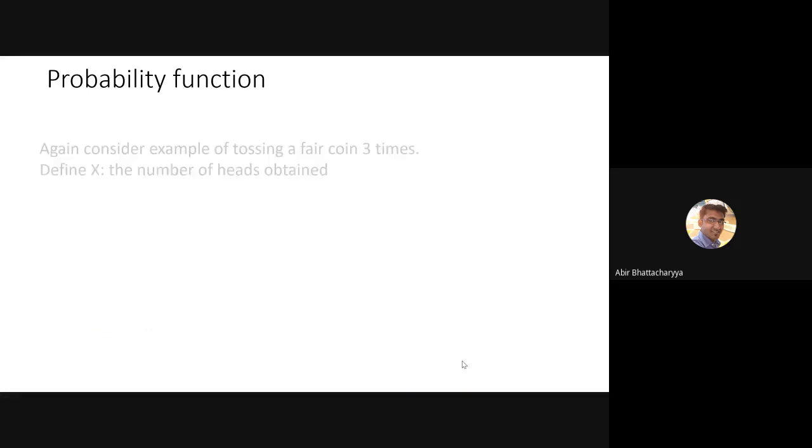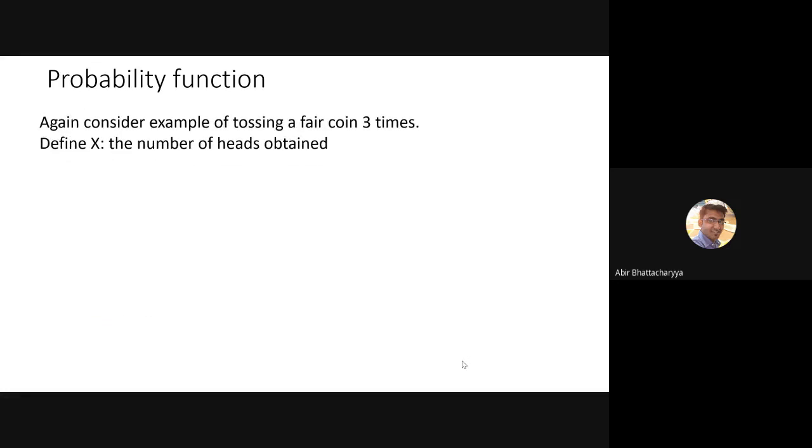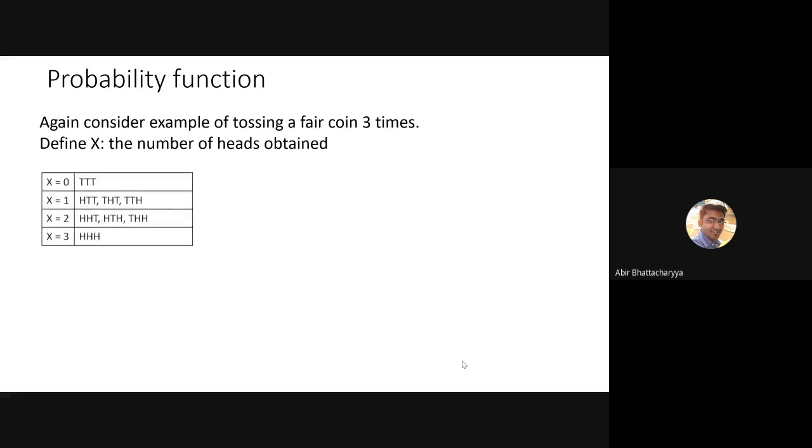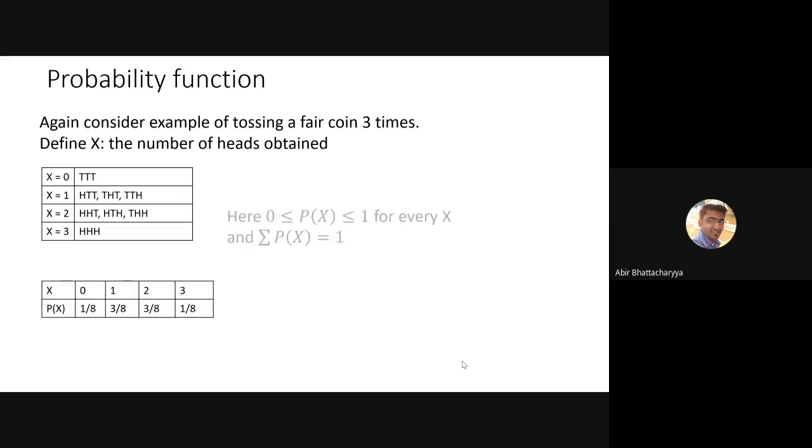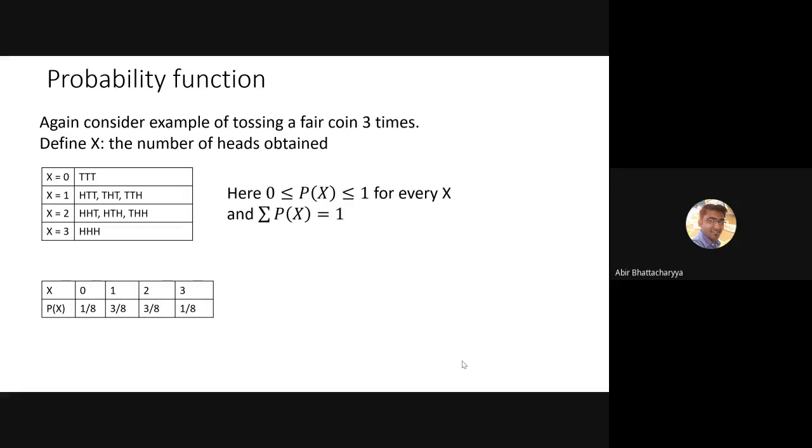Let's go for it. Let's consider an example of tossing a fair coin 3 times, like the last one. X is the number of heads obtained. Similar case: x equals 0, 1, 2, 3. Now, all values of probabilities must be greater than or equal to 0 and less than or equal to 1 for every x.